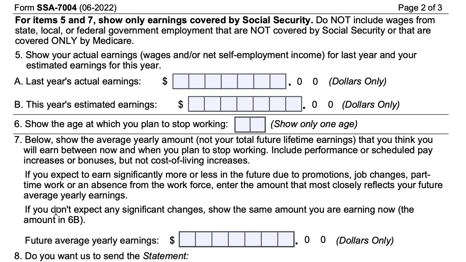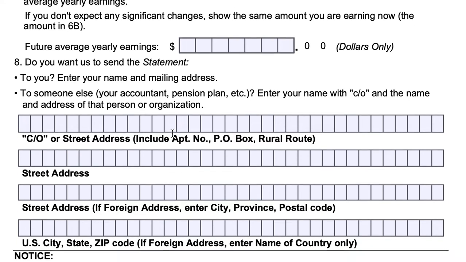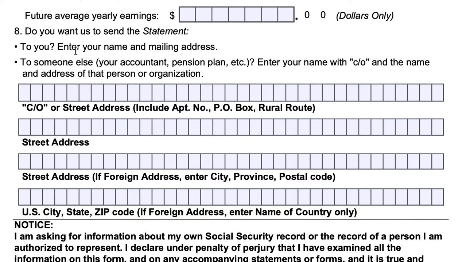I believe this is a typo right here, this 6B number. As you can see that on line 6, there is no 6A or 6B. So then the last part on item 8, whether or not you want the Social Security Administration to send you the statement.